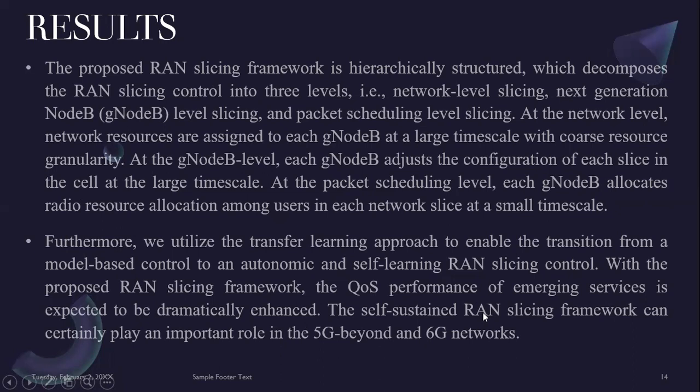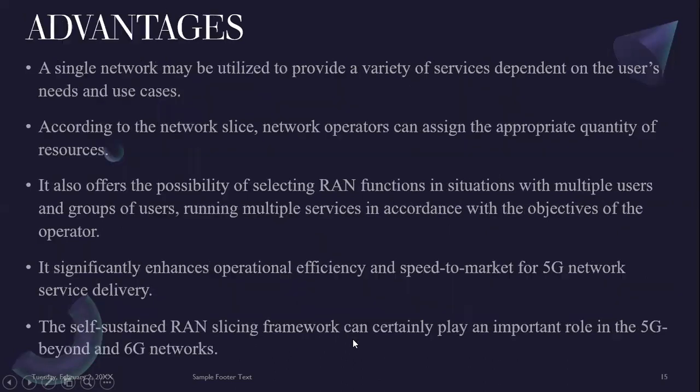The self-sustained RAN slicing framework can certainly play an important role in the 5G beyond and 6G networks. Advantages. A single network may be utilized to provide a variety of services dependent on the user's needs and use cases. According to the network slice, network operators can assign the appropriate quantity of resources.